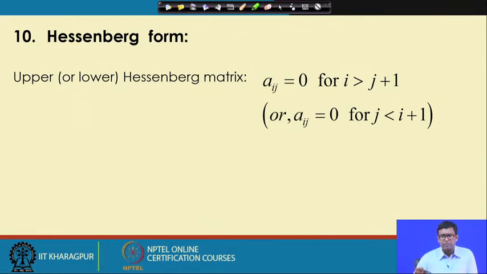These Hessenberg matrices will come when we discuss one of the very recent developments in matrix solvers, which is called Krylov space solvers. Interestingly, matrix solvers have been developed over the last more than 2 centuries. The earliest matrix solver which we will discuss was obtained in 1st century writings of Chinese mathematicians.